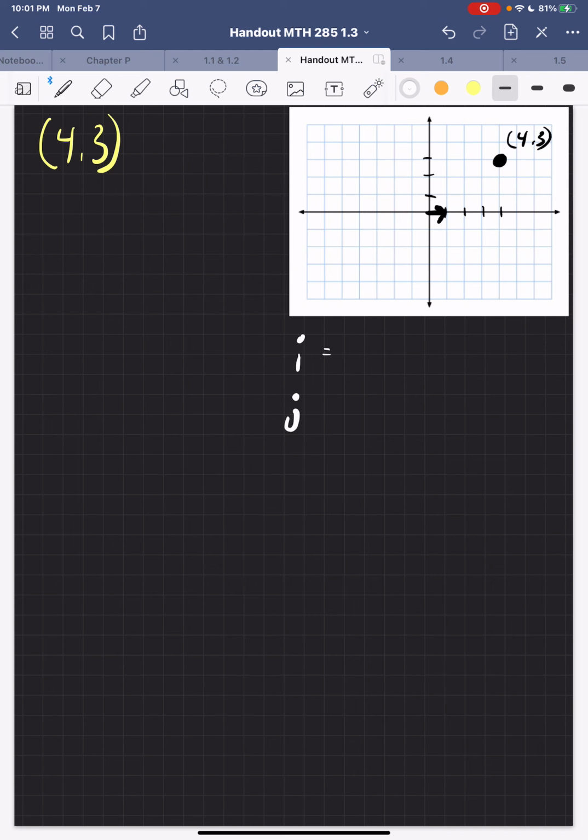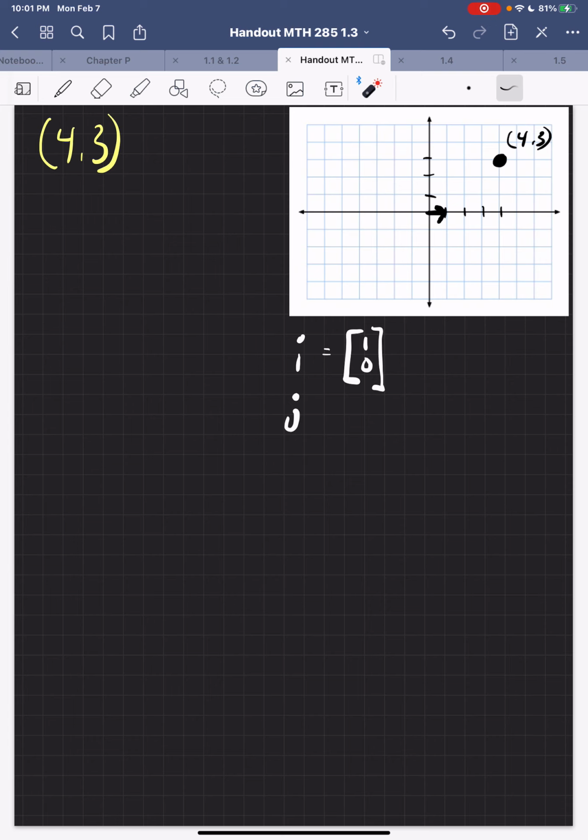Well, I'll first write it like this. So that I represents the following vector. I'm sorry, I screwed that up. Have one first. It's (1, 0).